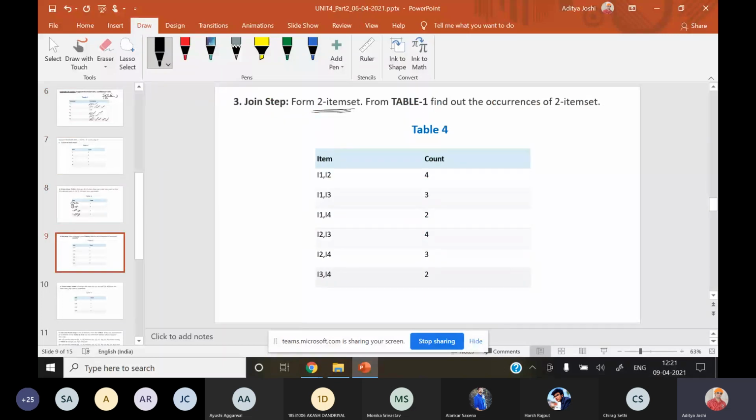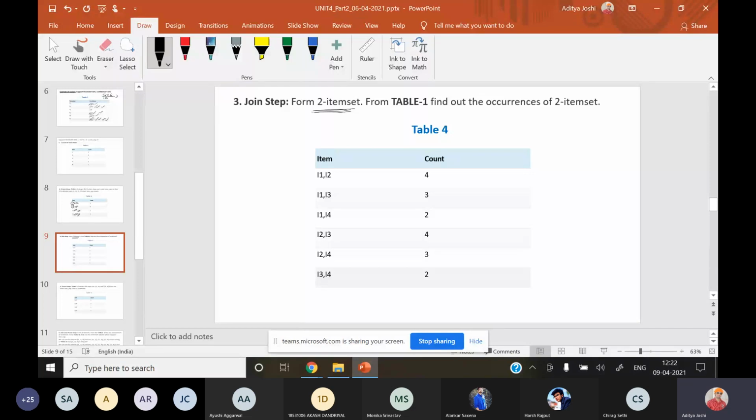Now, after that, what will you do? After that, the prune step, right? The minimum support threshold is 3. So the value less than that threshold, we will remove that value, right? So what are the values less than the threshold? I1, I4, and I3, I4, right?